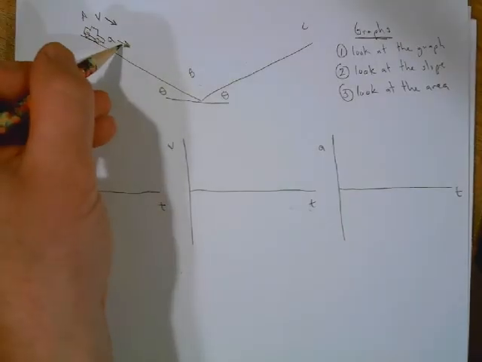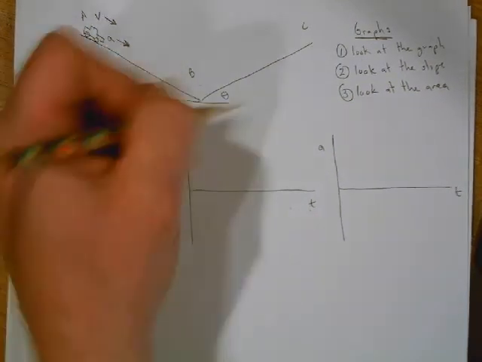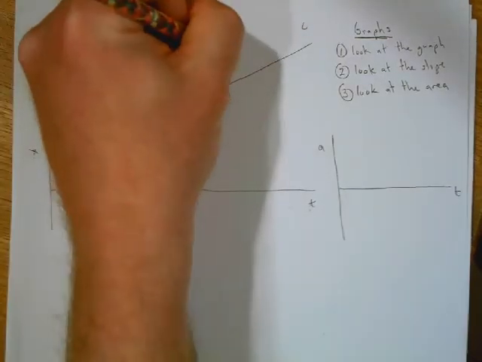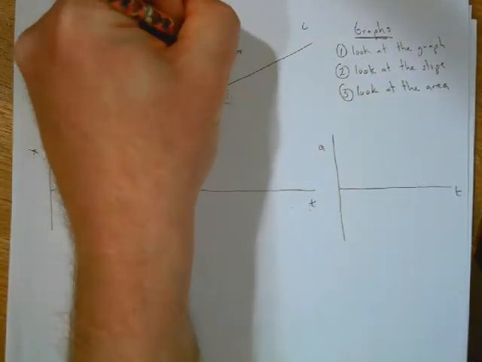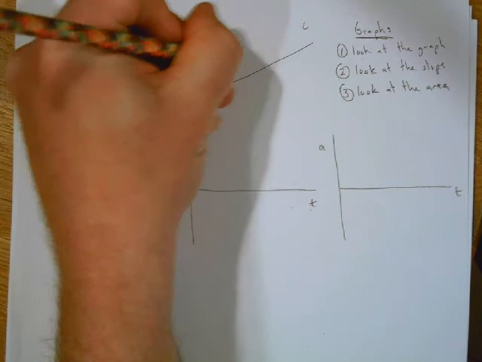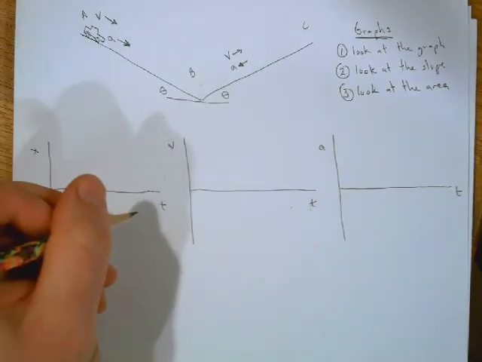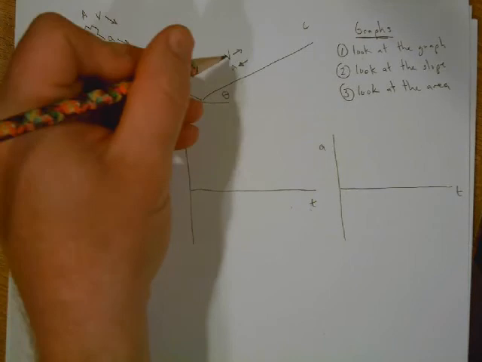Well, if my velocity points this way and my acceleration points this way, I'm going to speed up going that way. On the way up from here to here, my velocity is going to point this way, but my acceleration is going to point down the ramp. Again, draw your free body diagram if you're not sure.